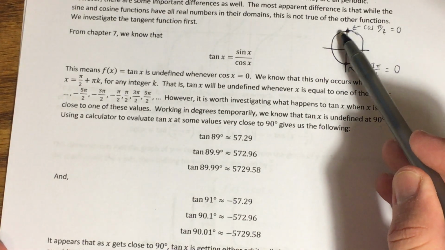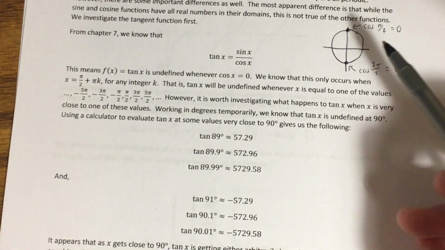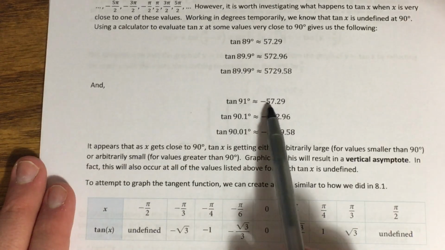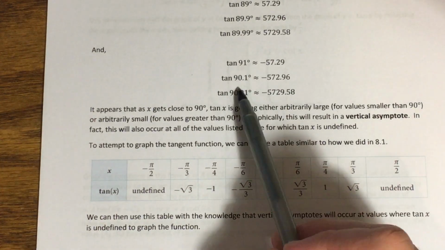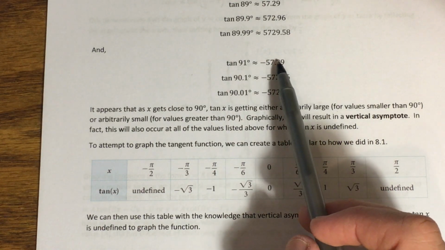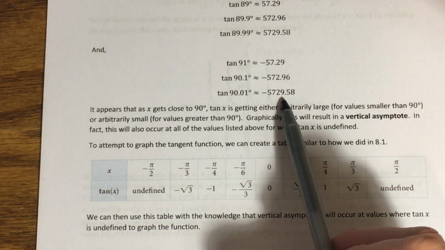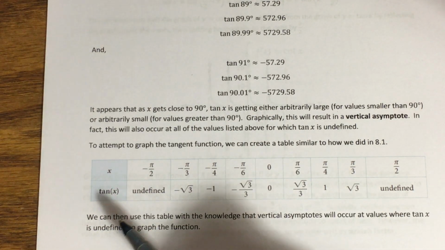Those are all here. Again, they're getting very, very close to that 90-degree angle, but never quite reaching it. Tangent, we know, is always negative in the second quadrant, which accounts for why these are negative. But in spite of that, as we get closer and closer to 90, this value that we're getting out of our tangent function is plummeting downward towards negative infinity without seeming to stop.